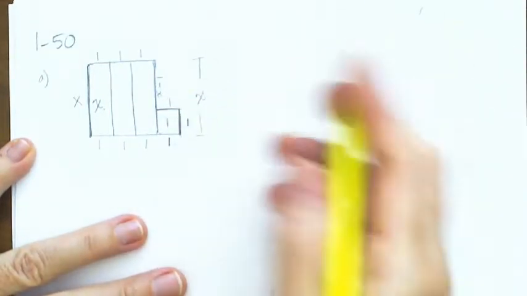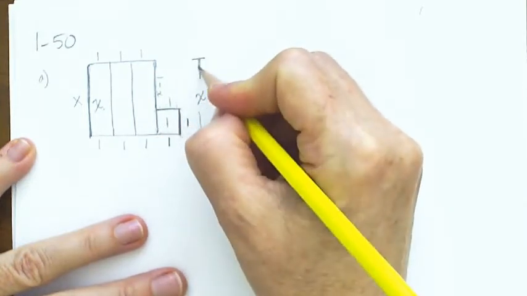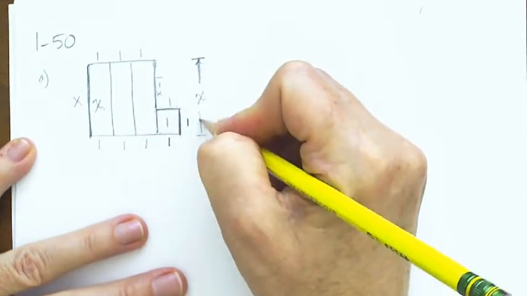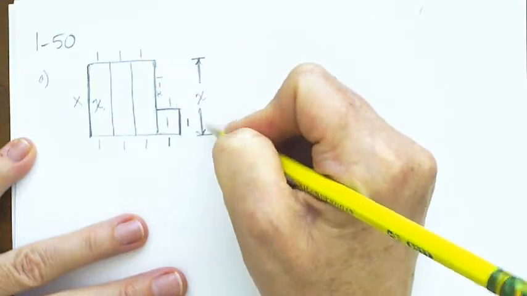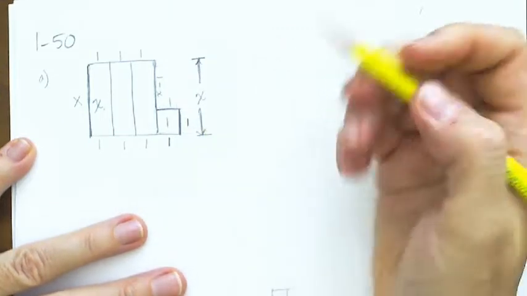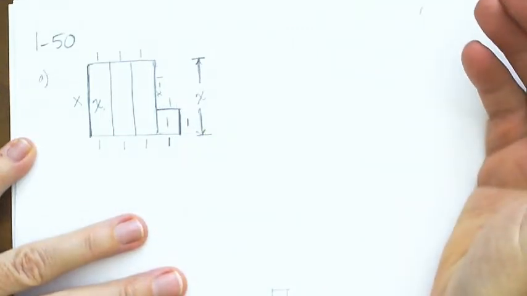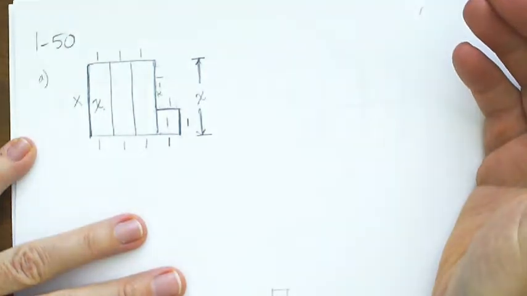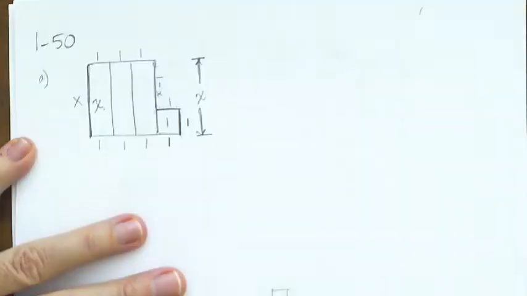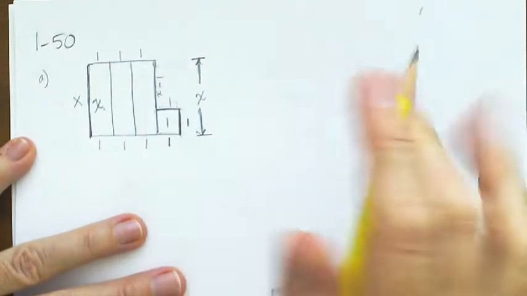You don't have to do it that way, but if that makes sense, this entire length is X. You don't want this piece right here, so it would be X take away 1. I think there is another straightforward way to do it, but I'll stick with that.